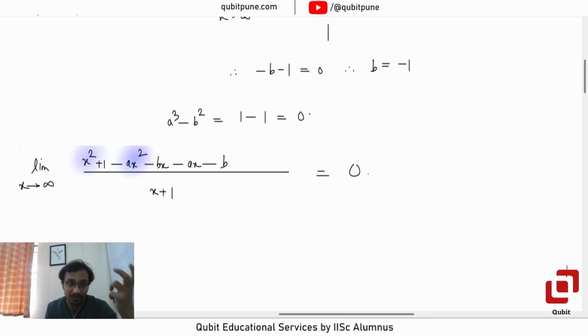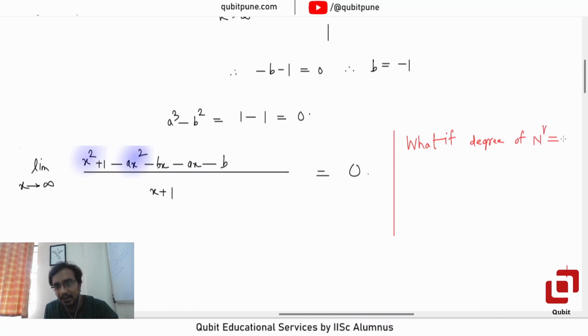What if the degree of the numerator were 0? That is a perfectly reasonable assumption. Why is it perfectly reasonable? Because x is tending to infinity and the denominator is x plus 1, so the denominator is anyhow an extremely large number.